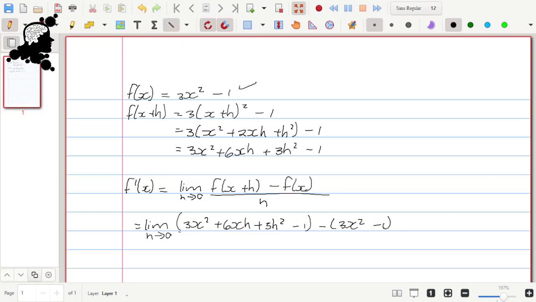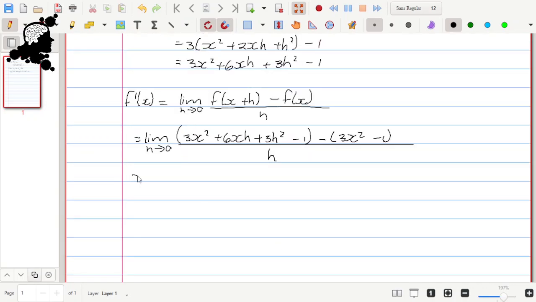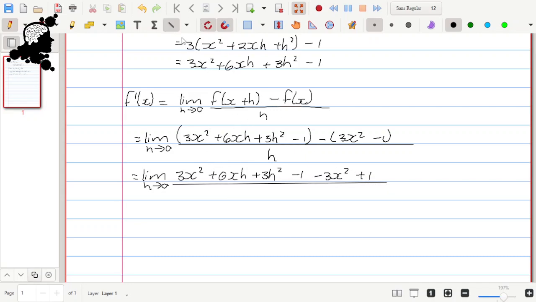And all of this is going to be divided by h. Now we simplify. This is going to be the limit as h approaches 0 of 3x squared plus 6xh plus 3h squared minus 1 minus 3x squared plus 1, divided by h.